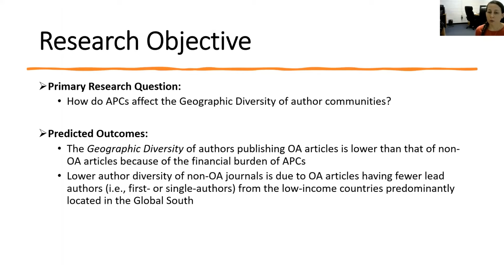And we thought that lower author diversity in open access journals is due to open access articles having fewer lead authors from low-income countries predominantly located in the global south. So we think that any change in geographic diversity would be most noticed in low-income countries of the global south.